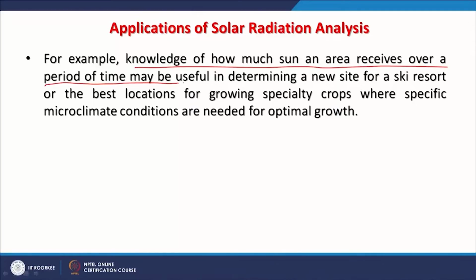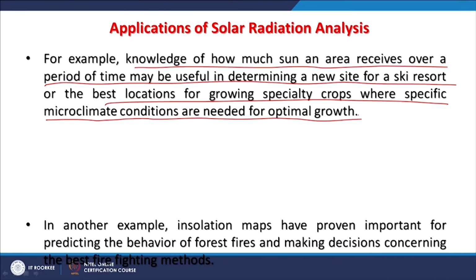Now, knowing how much sun an area receives over a period of time may be useful for determining new sites for ski resorts, because how long the snow will remain in that area will also depend on how much sun it receives. It also helps find the best locations for growing crops where specified microclimatic conditions are needed for optimal growth.